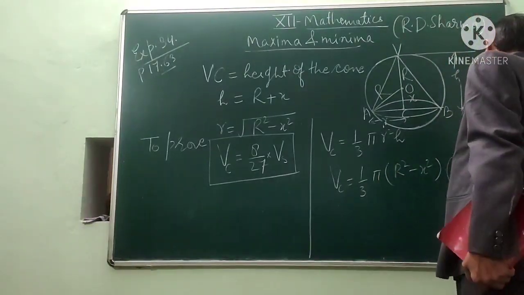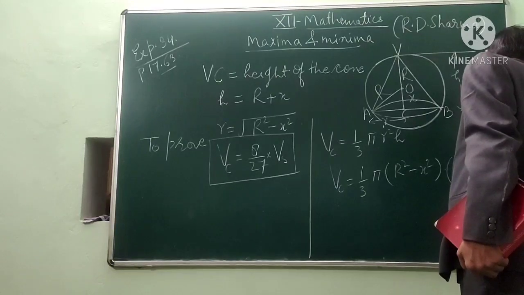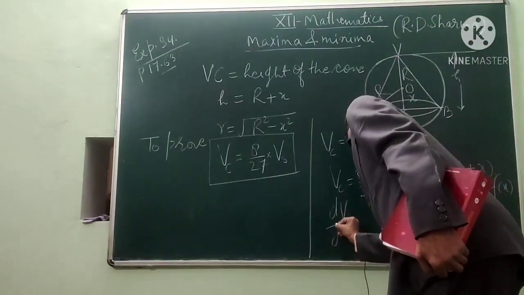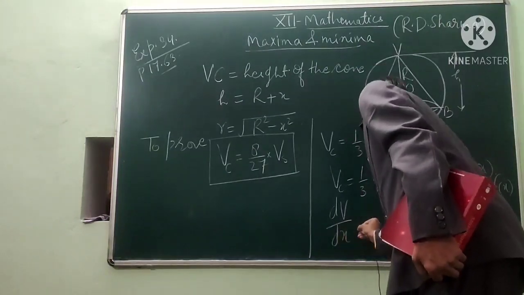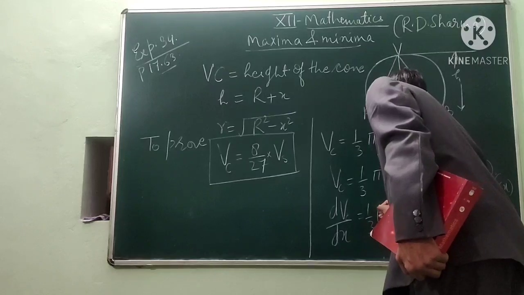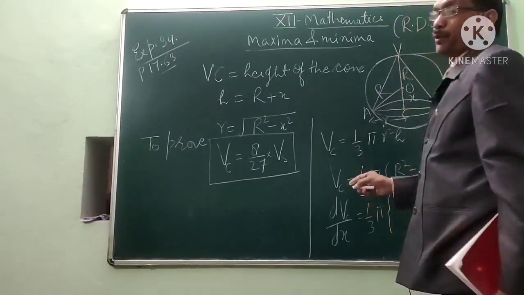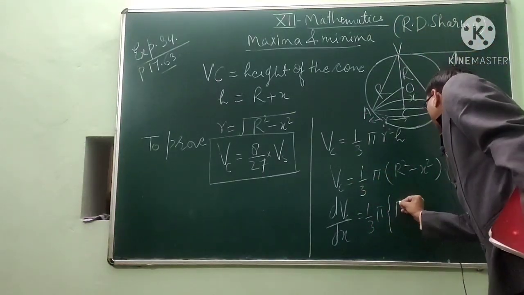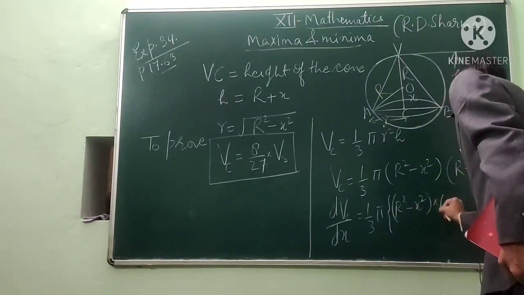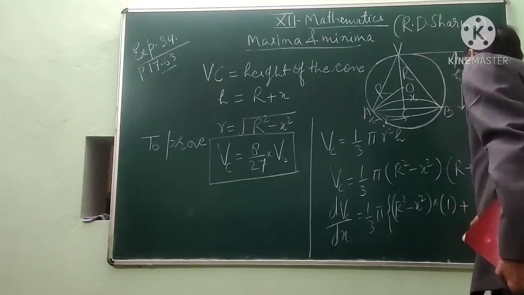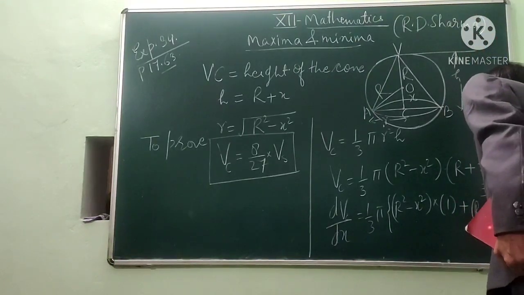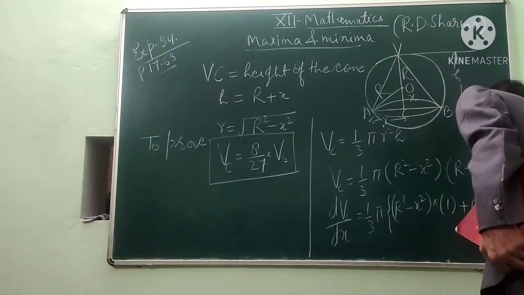This is a function of x. So dV over dx is 1 upon 3 pi. Apply the product rule here. R square minus x square as it is, its derivative is 1, plus (R plus x) into minus 2x.